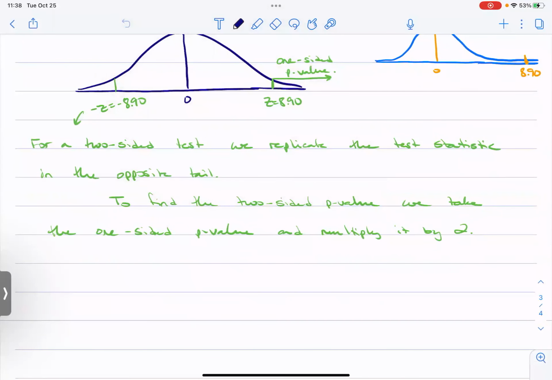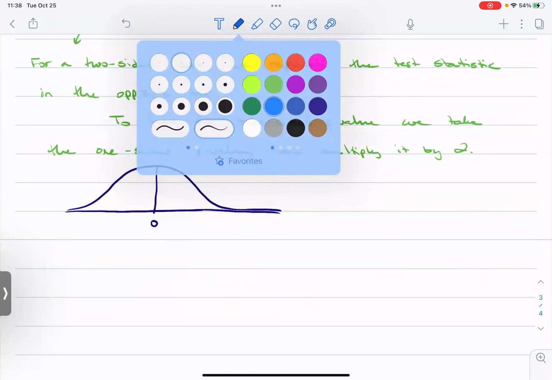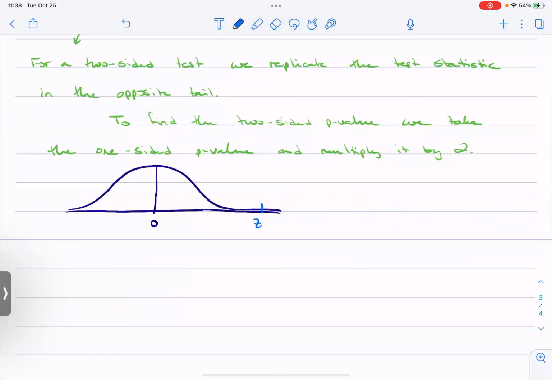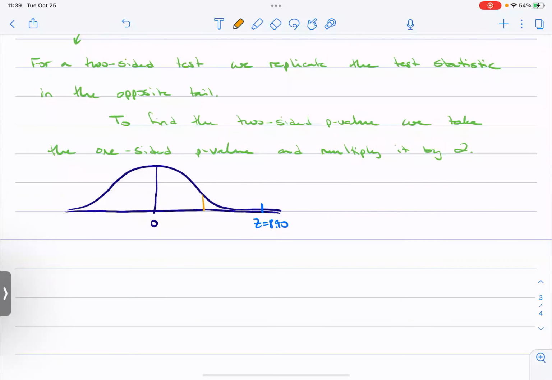Maybe I'll draw a fresh curve. So here it's centered on 0, and we've got our Z equal to 8.90. But then the table maxes out at Z equal to 3.49.